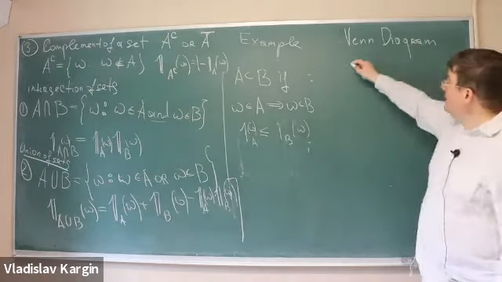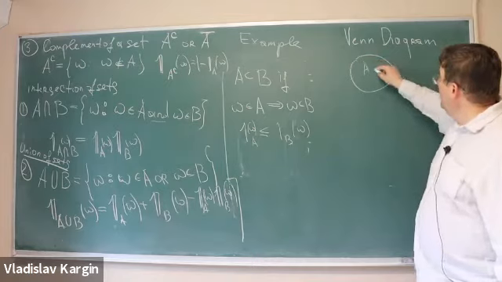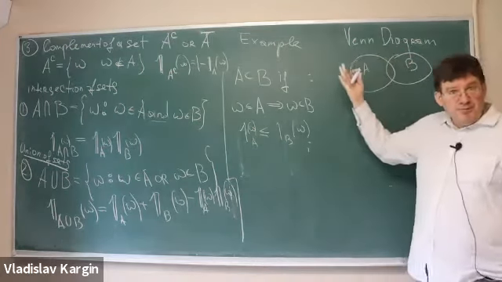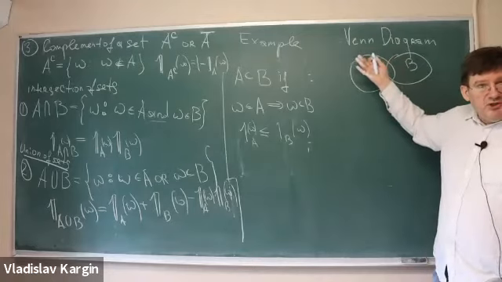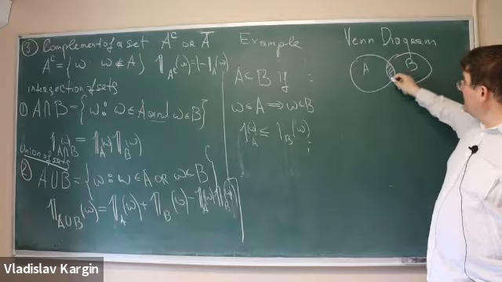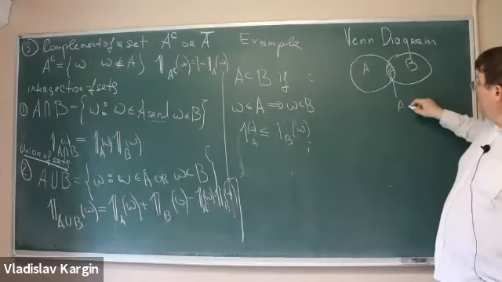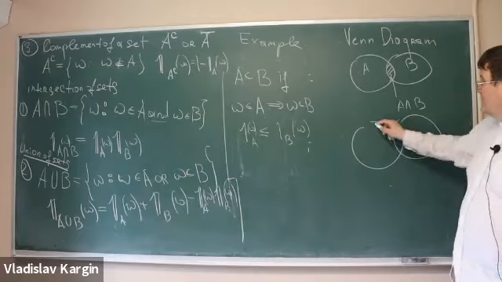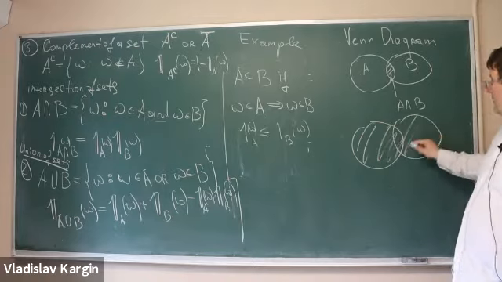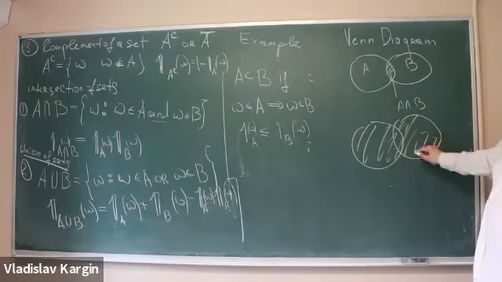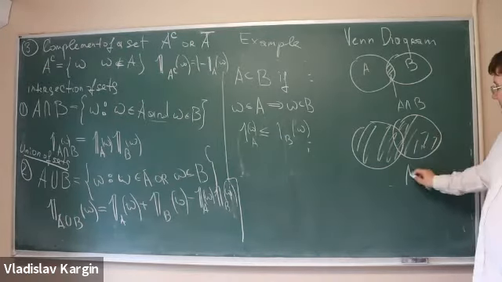But here, if you have A and you have B, these are circles which represent two sets. You can think of them as geometric sets, kind of points. And so this is an intersection, A and B, and this is the union.